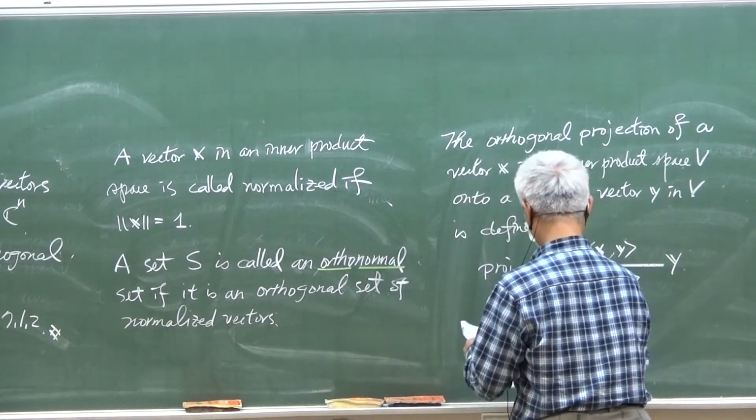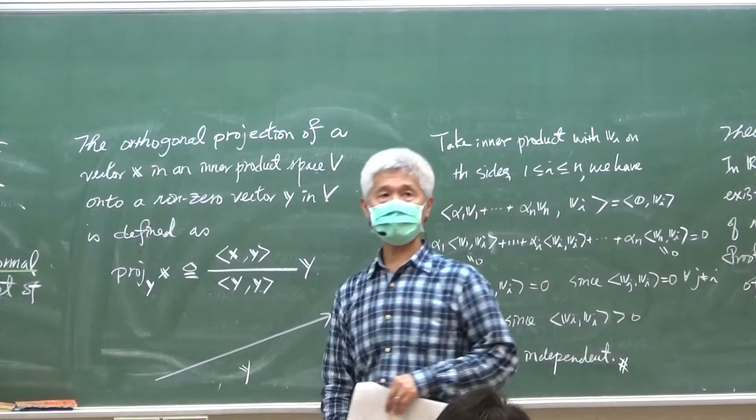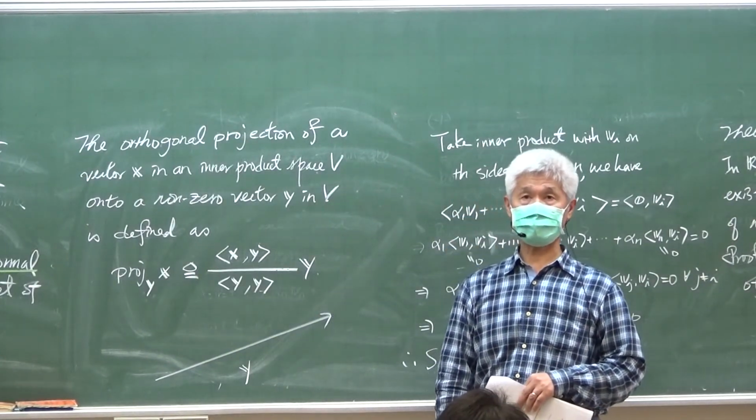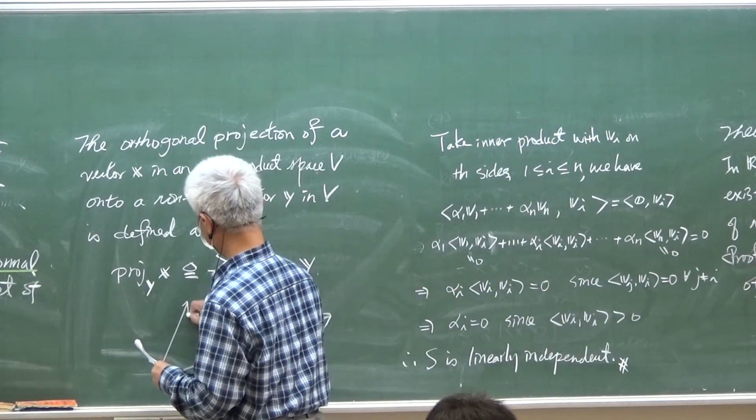So the idea is here. This is the vector y in our inner product space V, and we have the vector x here.